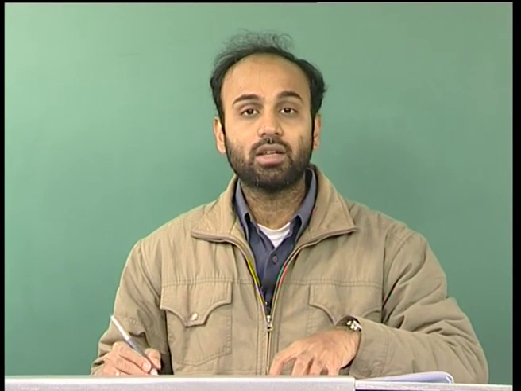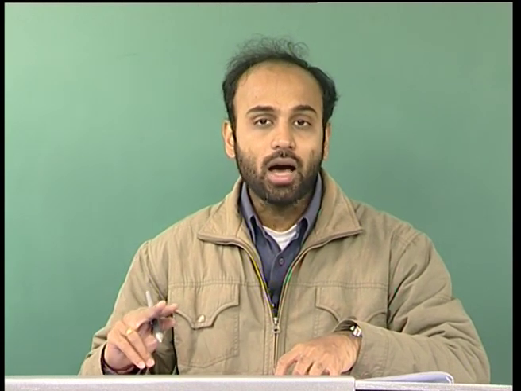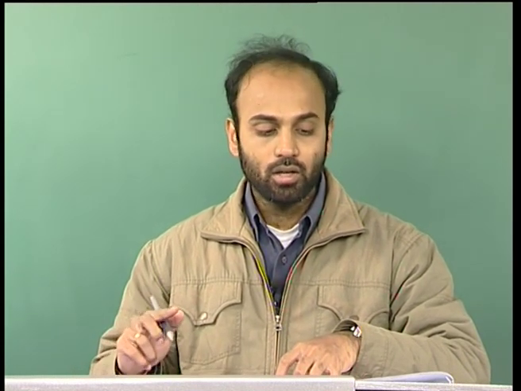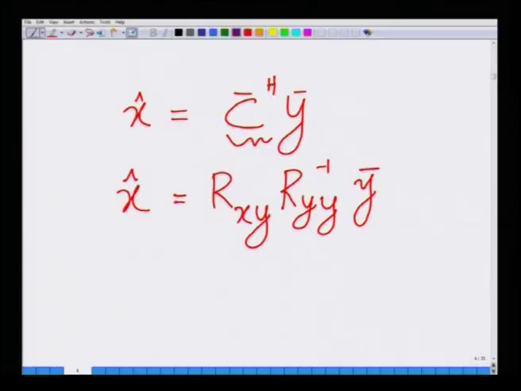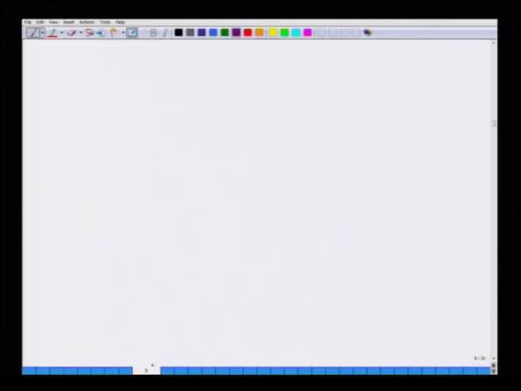One other thing remains, that is the cross covariance, Ryx. Remember, to compute the MMSE estimator, we need both Rxy, which is nothing but Ryx Hermitian, and Ryy. We have computed Ryy, so we still need to compute Rxy or Ryx. So, I will compute Ryx, and one is simply the Hermitian of the other, and that is also fairly straightforward to compute.